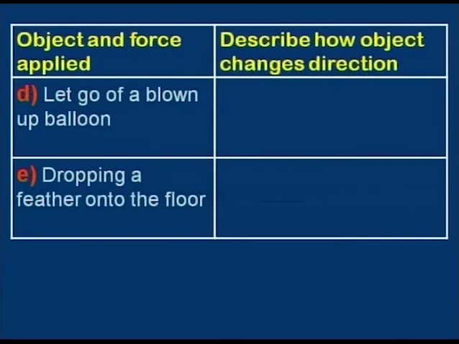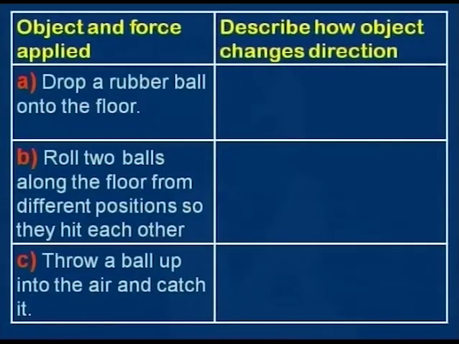All right, class and the receiving students, by now you would have completed taking that down. Let us look at two of the examples that we have there. Rolling two balls along the floor from different positions so that they hit each other. We describe the force that is involved and how the object changes direction.